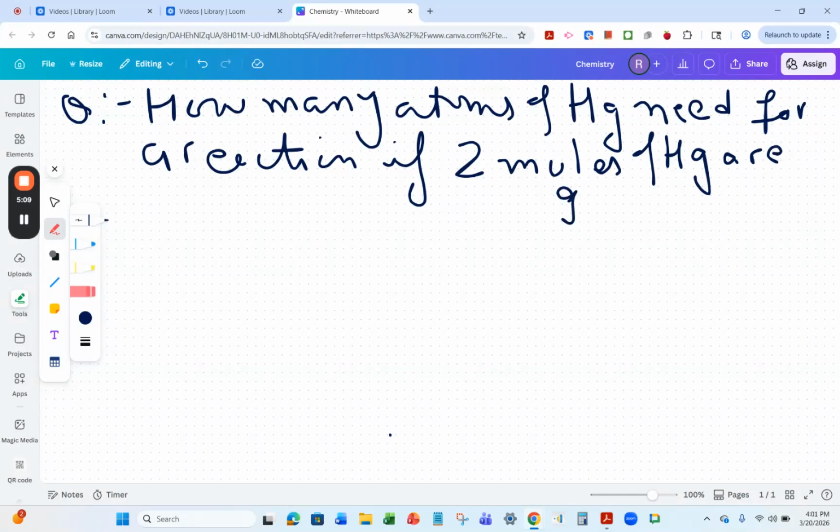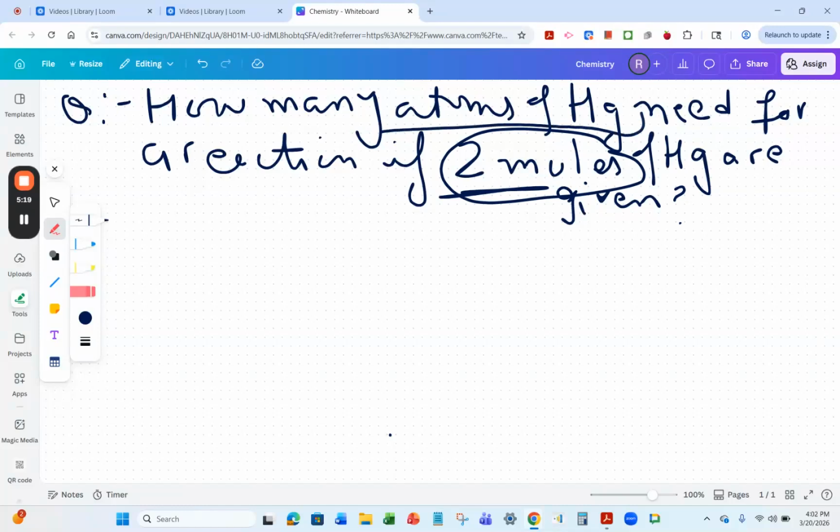Here we go. So that's our question. You can see what is given to you: 2 moles are given to you. And what you need to find? You need to find atoms of mercury.